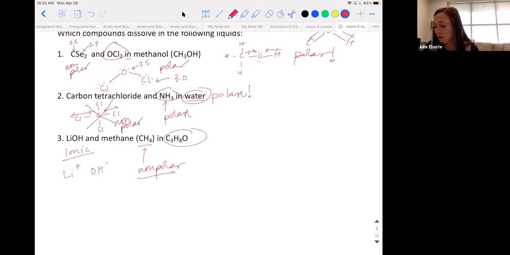So which one will dissolve in C3H8O? So you look something like this. And then you got hydrogens all over these carbons. So you think this is polar or nonpolar?